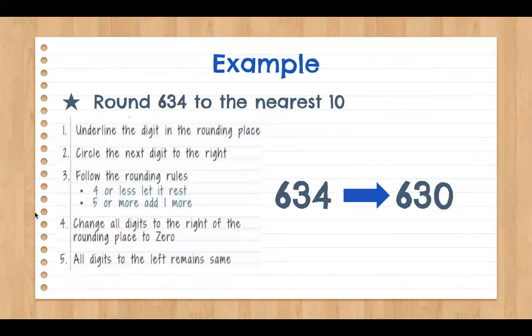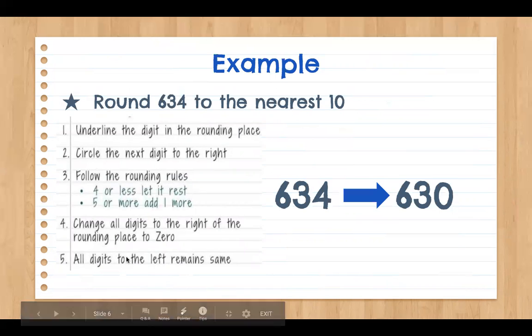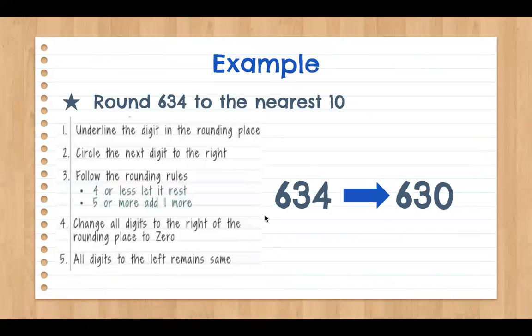Here's an example for you guys that we will be looking at. We have round 634 to the nearest 10. Remember about place value. Here I provided the rounding rules just so you guys remember. So where is the tens place in this number? Yes, it's the 3. So we underline the rounding place.